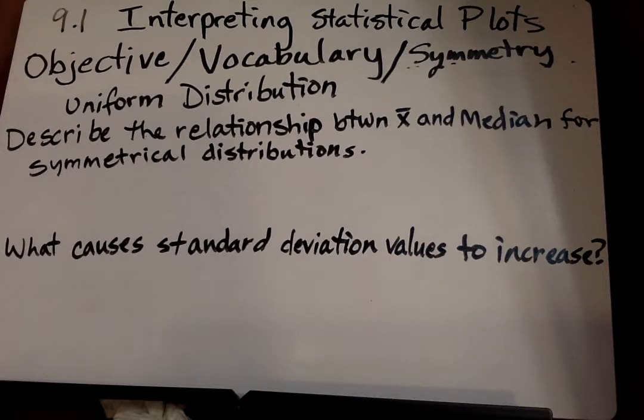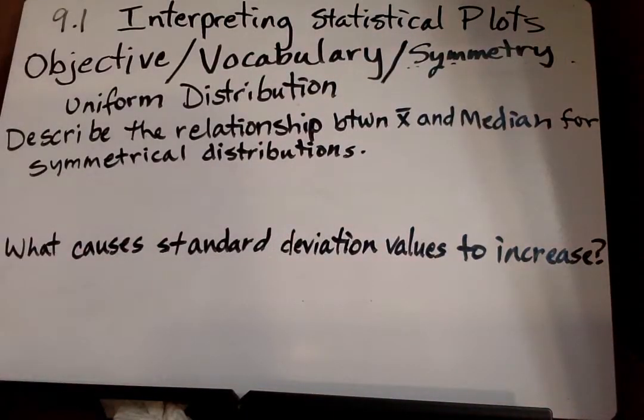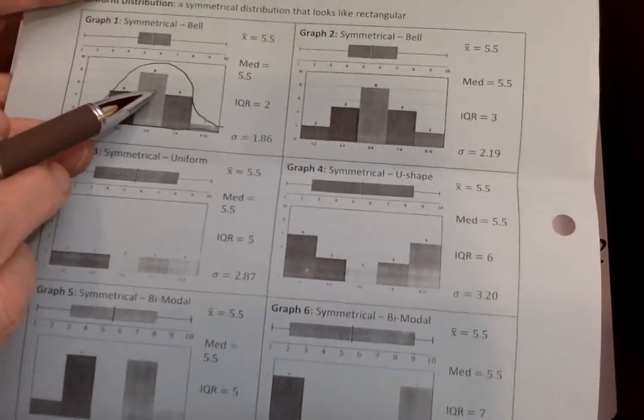So we're going to go over a few examples here. Here's one graph. It's symmetrical because if you draw the shape over the outline of the bars, like that, it's bell-shaped, okay?